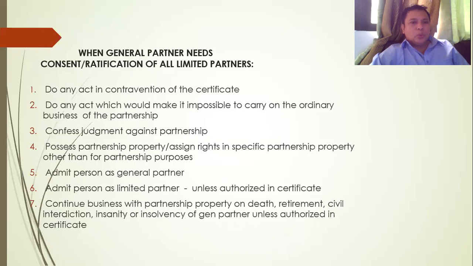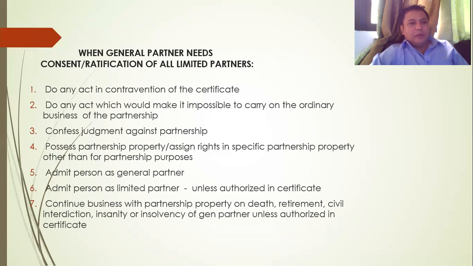So there are acts that the general partner cannot do because it requires the consent or ratification of all limited partners. And there are 7 acts which are stated by the law. These are the following.